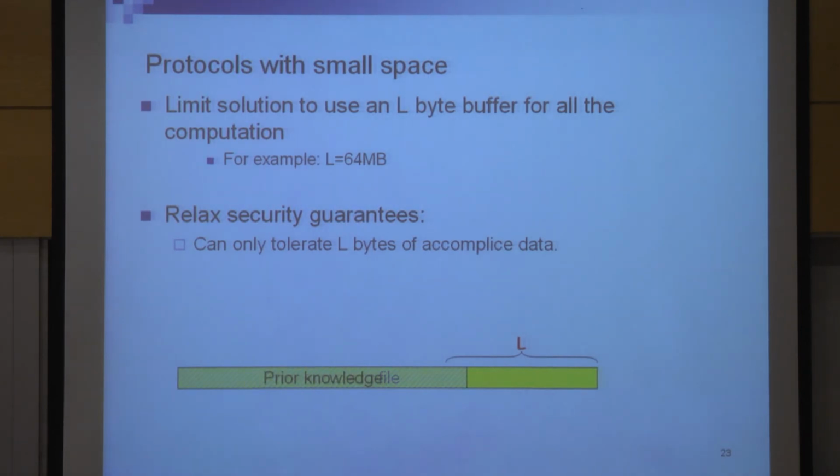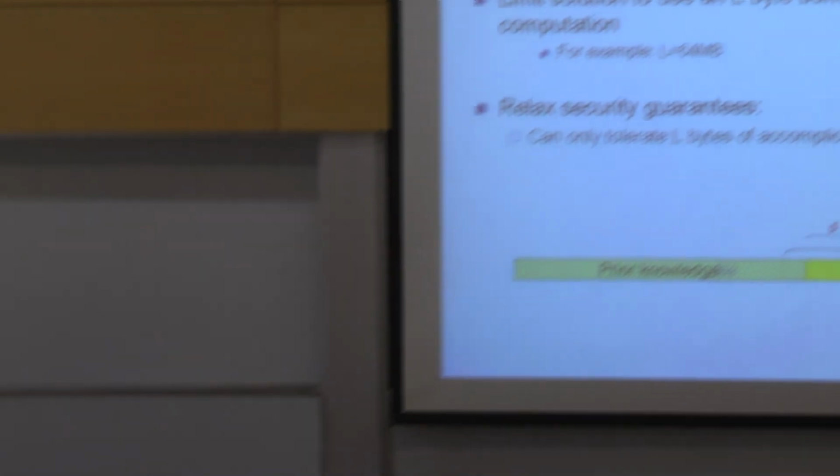So the new definition will look like this. There's this boundary L. You can have all the prior knowledge that you want. You can get your accomplice data, but as long as the accomplice data is less than L, and you still have some entropy about the file left, there's no way you can cheat the proof of ownership. Okay, so this is the new relaxed definition that we work with, and we have a solution for this.